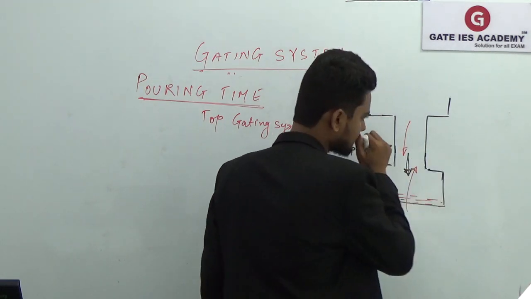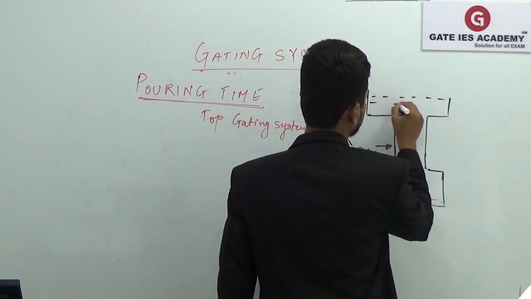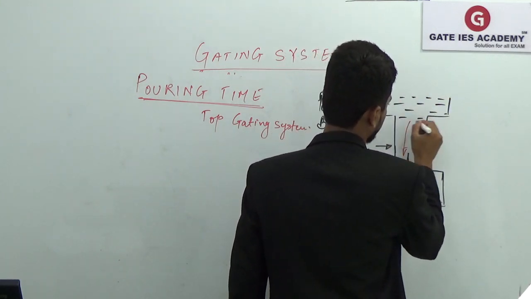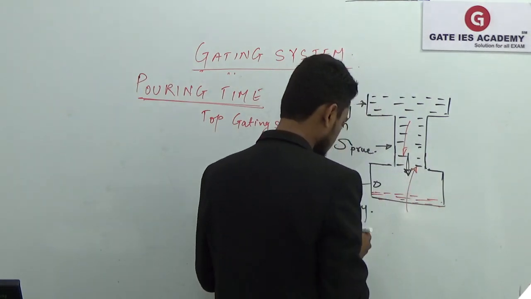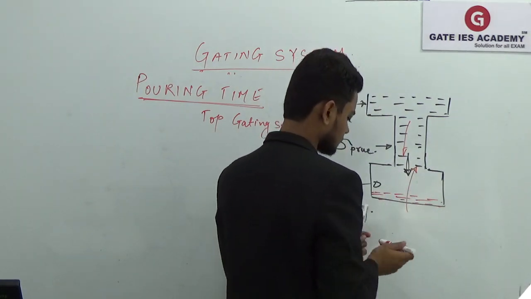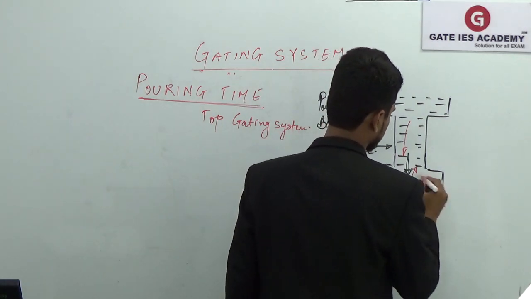So say here we have the molten metal in your pouring basin and in the sprue, and it will completely fill your mold cavity.